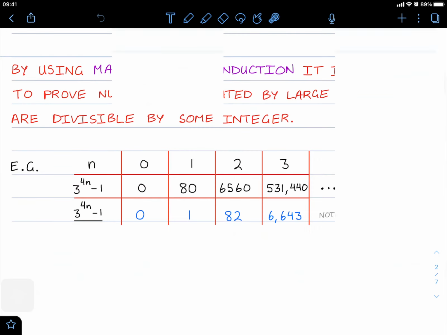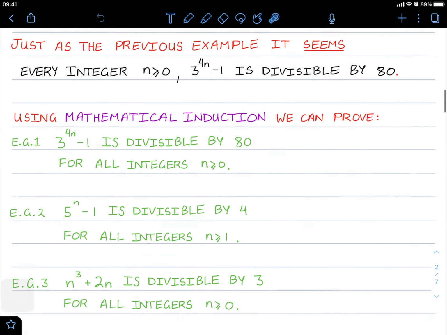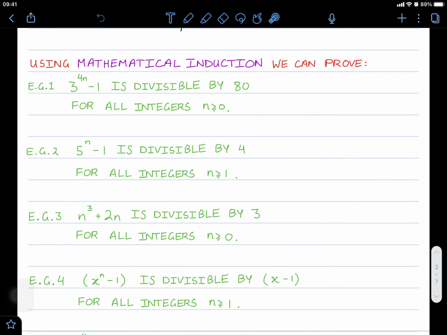Can we prove it? Using mathematical induction, we're going to prove the following. It's kind of similar, but we have some large expression. Is this divisible by 80? We're going to use mathematical induction to prove it.